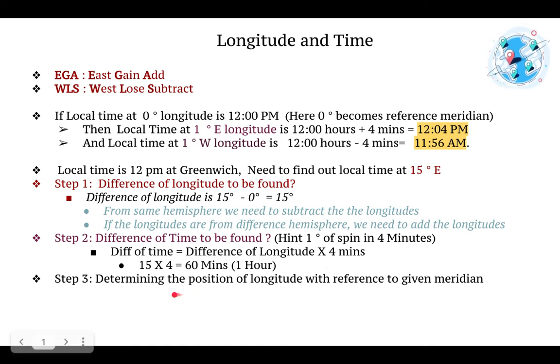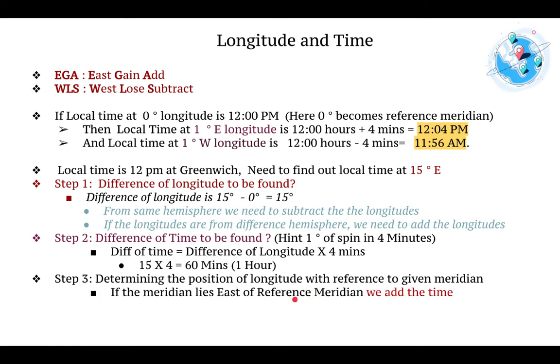Step 3, I need to determine the position of the longitude with reference to the given meridian. The given meridian is 0 degree, and the longitude that I have to find is 15 degrees east. So that lies east of it. According to EGA, east gain add. If the meridian lies east of the reference meridian, we add the time.